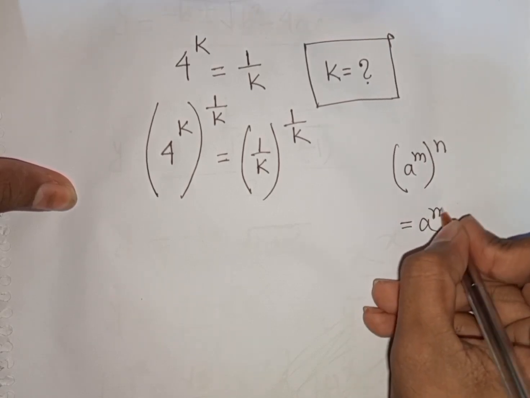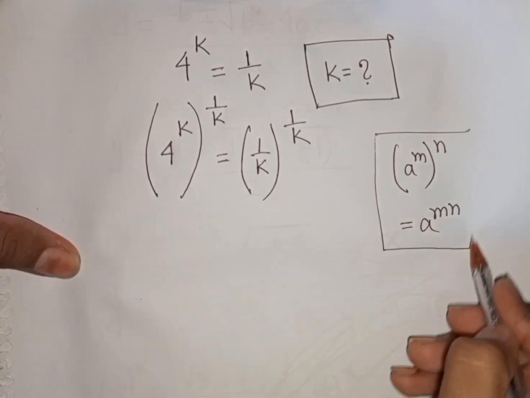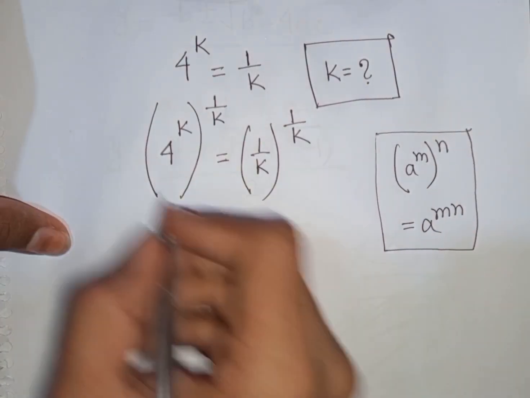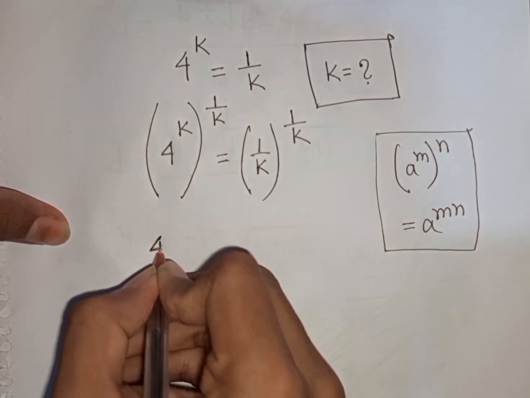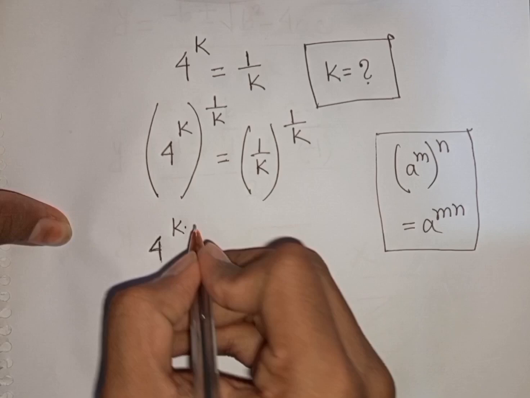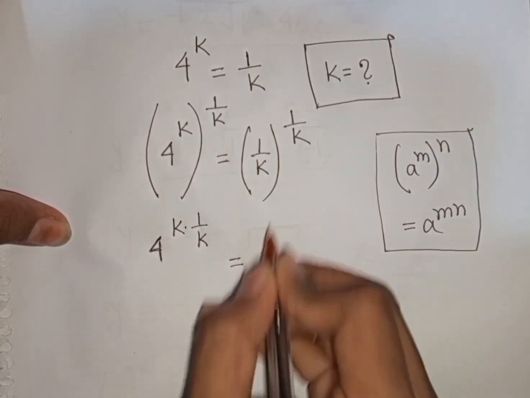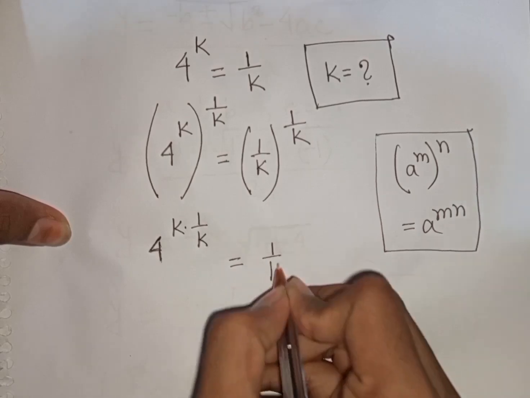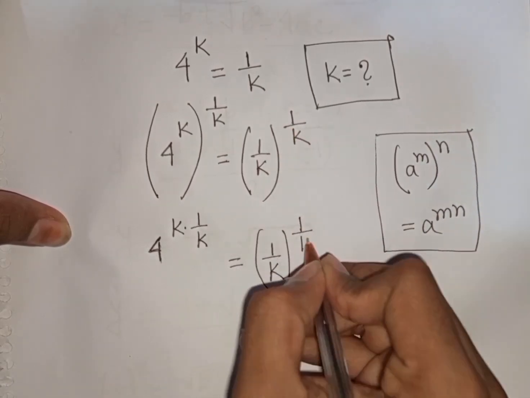That means it will be mn. So according to this formula, I can write here 4 power of k times 1 by k, then is equal to 1 by k bracket power of 1 by k.